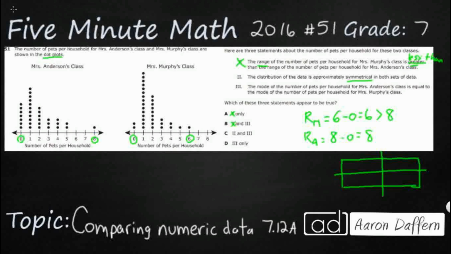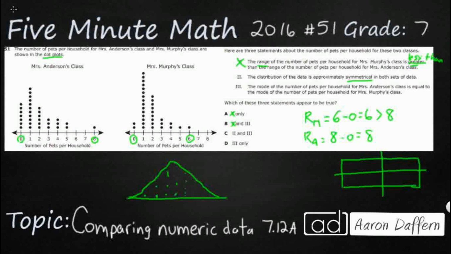And this says not exactly, but approximately symmetrical. And you know what? None of these look symmetrical. This is what a symmetrical dot plot would look like. It would kind of go up like this, and then kind of come down like this. It would almost look like a mountain with both sides. And you would have some dots, and they get bigger towards the middle, and then they come back down.